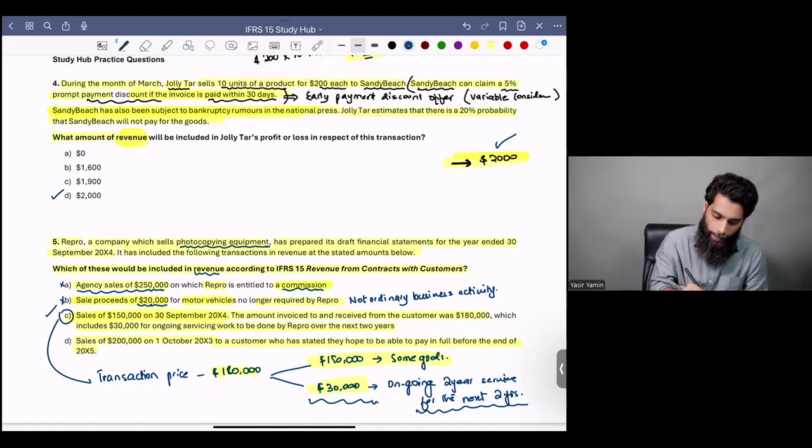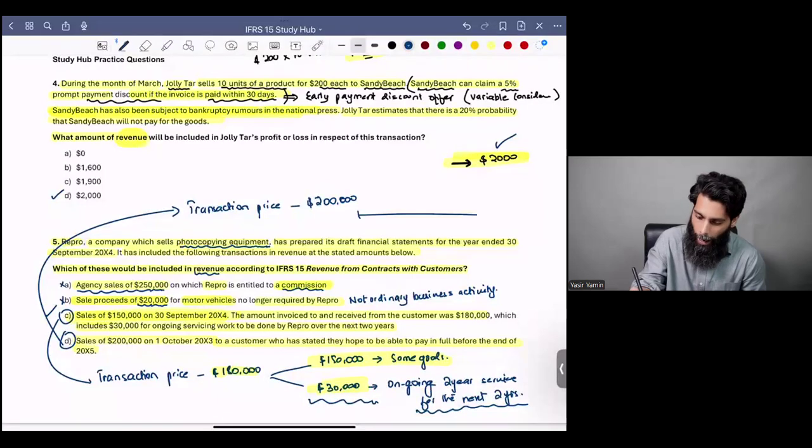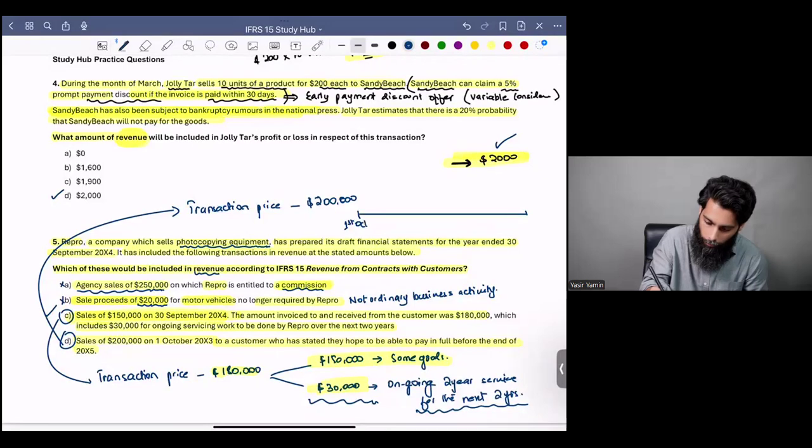Guys, why is D not the answer? In case D, there is a transaction that happened on 1st October X3 for $200,000 worth of goods.